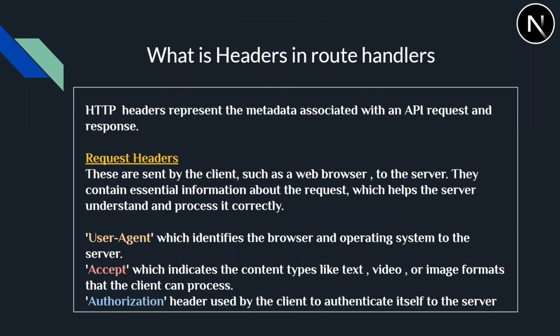Then the accept header, which indicates the content type, like text, video, or image format, that a client can process. Third is authorization, a header used by the client to authenticate itself to the server. These three are essential information sent to the server by the client system, such as a web browser.